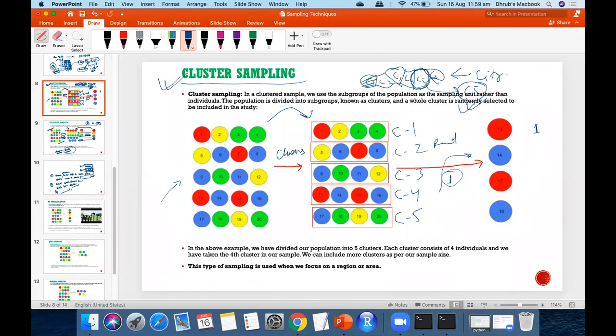You are not defining something, because if you are sorting and in some way all your female students are in one cluster, and randomly you select that one cluster, all the students you chose are now female, which means other representation is missing. If that is random, that is fine, but you have to be sure that whatever clusters you are forming in terms of students are a kind of random. Okay, cool.